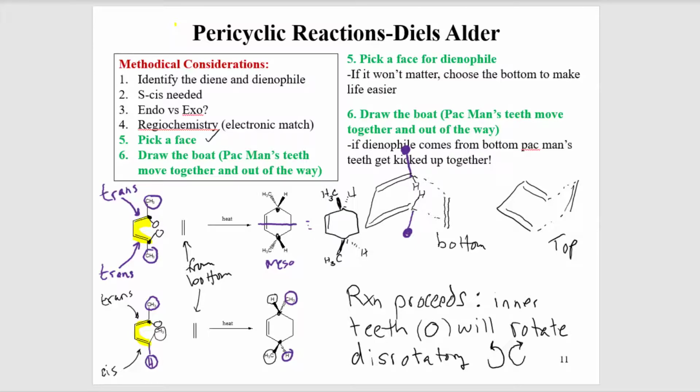This is not a meso compound. And so there are two molecules made. If I attacked from the bottom, you get the one shown. If I attacked from the top, I get the enantiomer. Since these are not meso compounds, they are chiral, and I get a mixture of enantiomers in this case. Notice that the relationship between the methyl groups is trans across the ring.